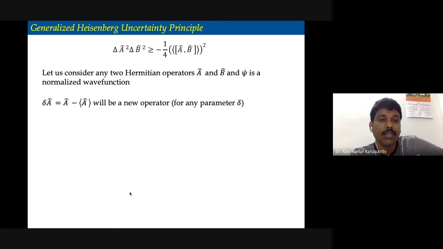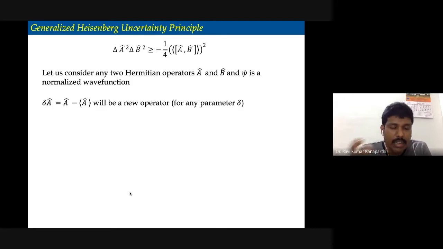Now, I take a new operator instead of taking operator A as such. What I do is multiply my operator A, which is a Hermitian operator. I hope most of you remember what a Hermitian operator is.